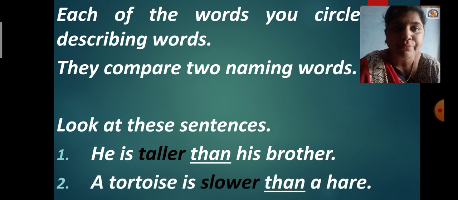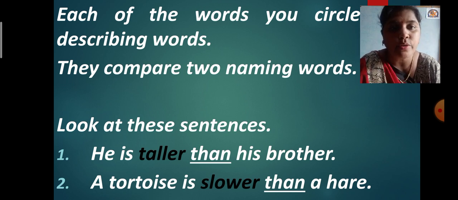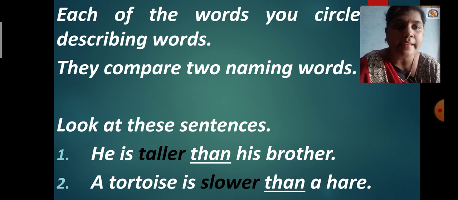You have to trace on the underlined and dark colored words. Number one is: he is taller than his brother. Number two sentence is: a tortoise is slower than a hare.